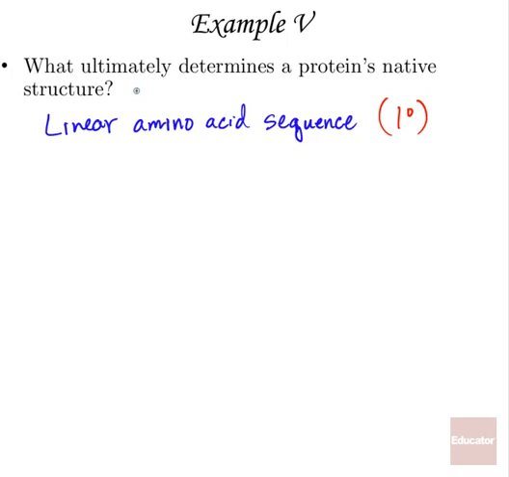And what is our tertiary structure? Right? That's the overall 3D, the total 3D depiction of it. So the answer to what ultimately determines a protein's native structure is its linear amino acid sequence. So it's primary structure.